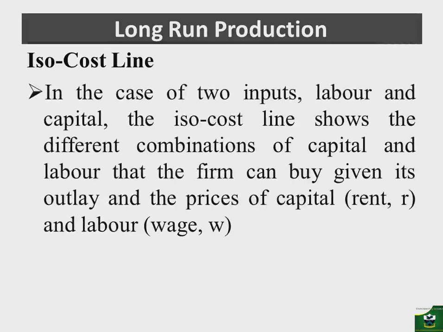In the case of the two inputs, labor and capital, the ISO cost line shows the different combinations of capital and labor that the firm can buy given its outlay and the price of capital, that is rent, as well as the price of labor, that is the wage.